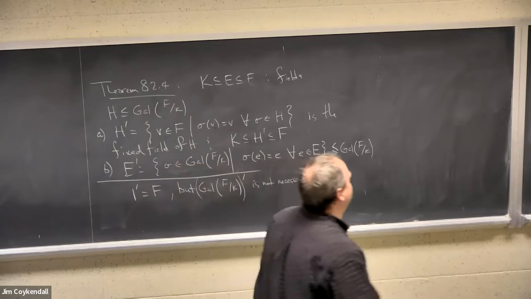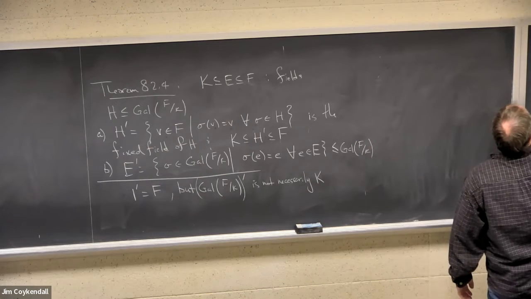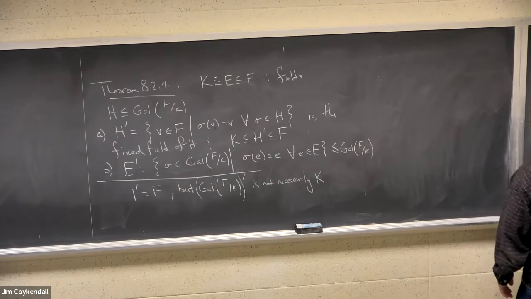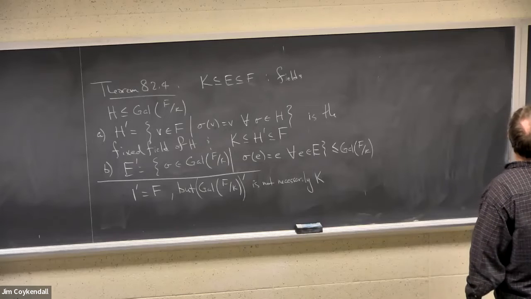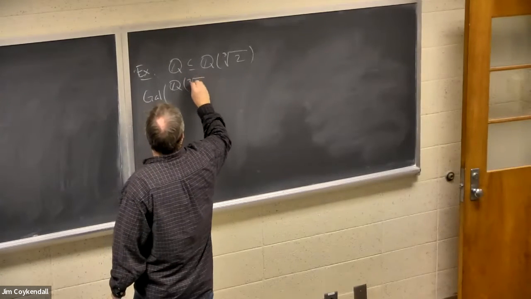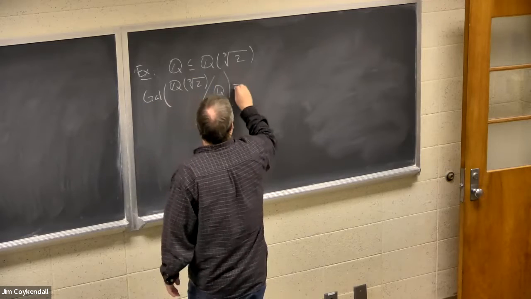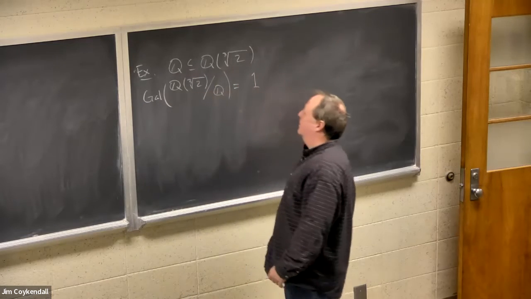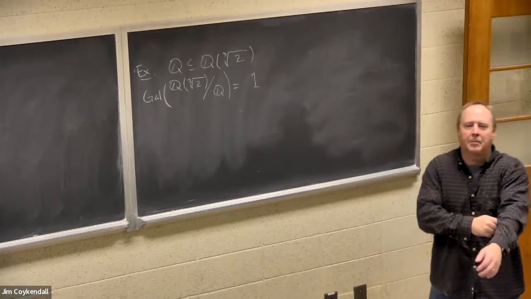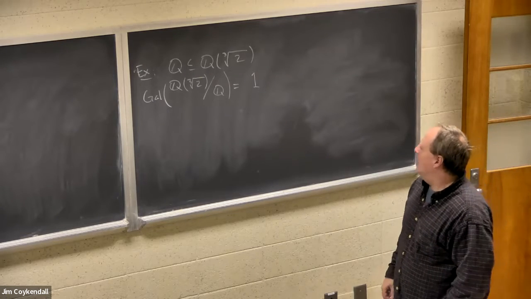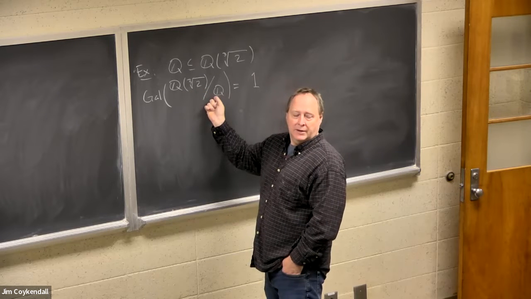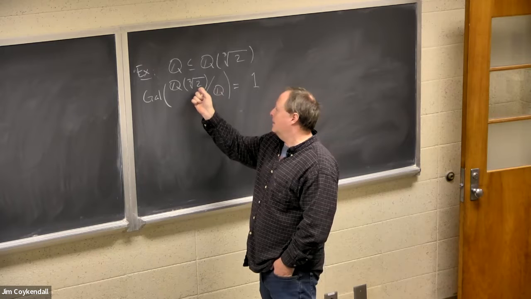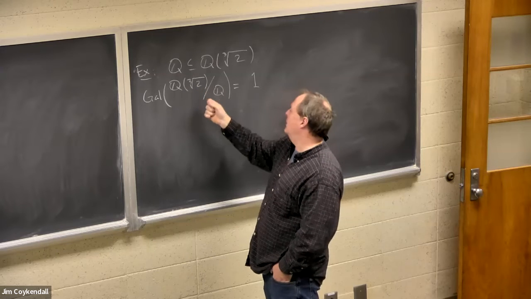So a good example of this is if we have the extension Q inside Q cube root 2, we've seen that the Galois group is trivial, right, because one of the pains that we went through last time is we showed that the only automorphism of this thing that fixes Q is in fact the identity, because the cube root of 2 has to go to another root of x cubed minus 2.